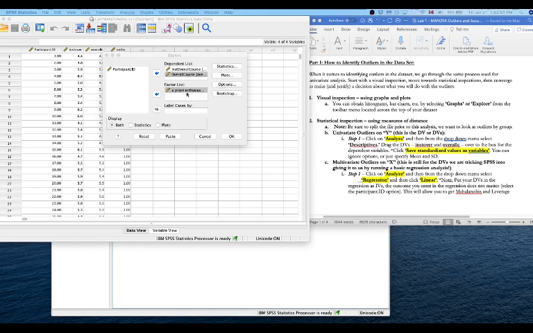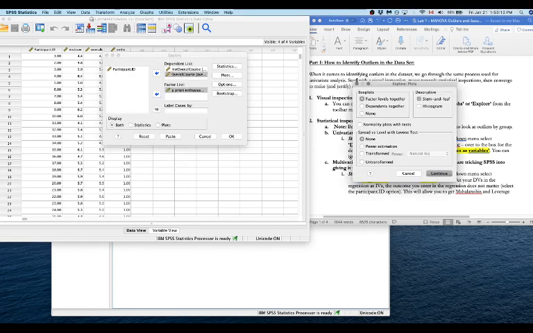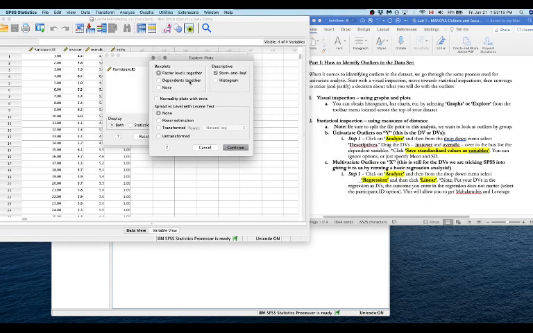We're putting enthusiasm on its own thing because remember, when we divide up a group into smaller categories, we need to make sure that there's normality within each category, not just overall. So here, I want plots.